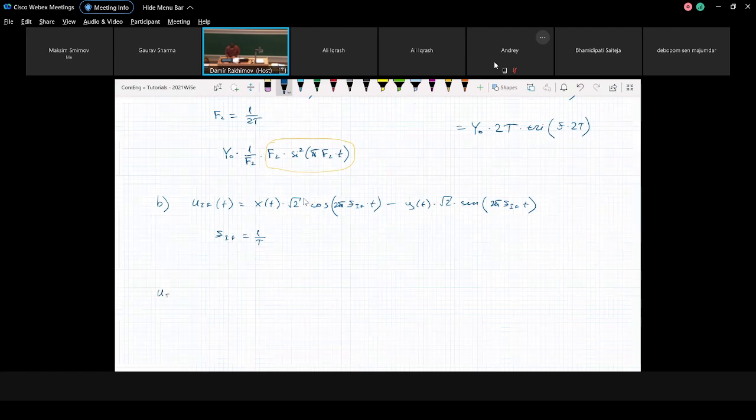First of all, we calculate the spectrum by changing cosine to a sum of two delta pulses and changing sine to a difference between delta pulses. And then what do we get? Instead of x of t, we will get x of f, which is convolved with the following signal, square root of 2. By the way, looking at this expression in part B, which component is quadrature and which component is in-phase?